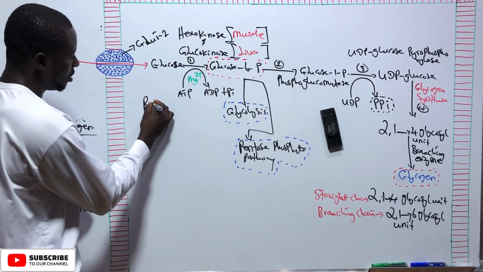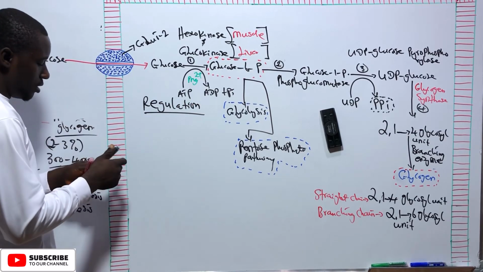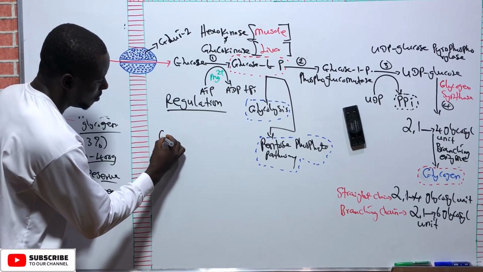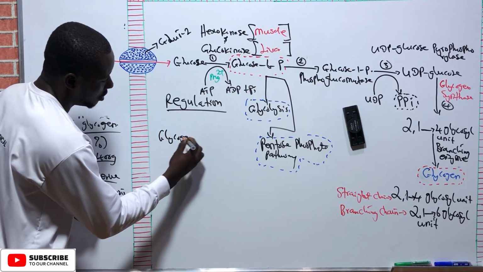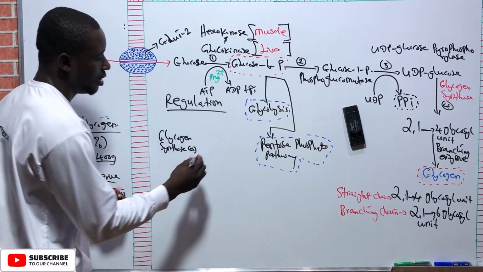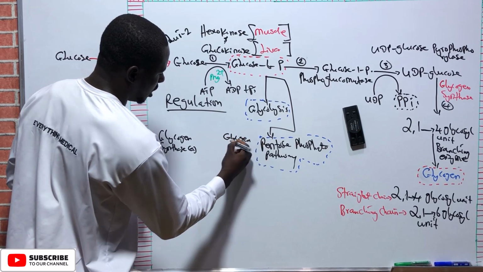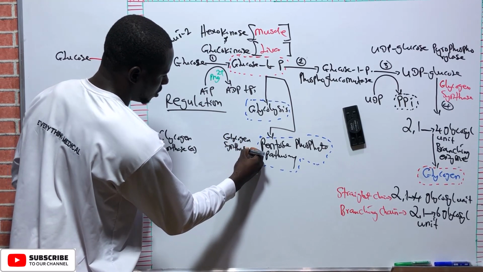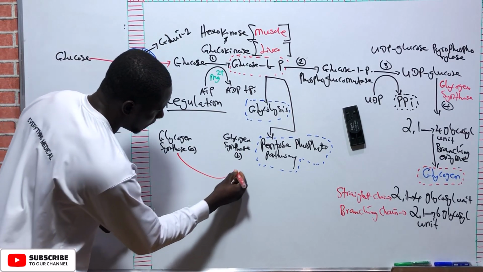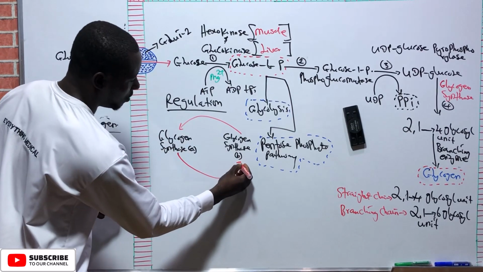Regulation. We have glycogen synthase A and glycogen synthase B. As you can see, my arrow.